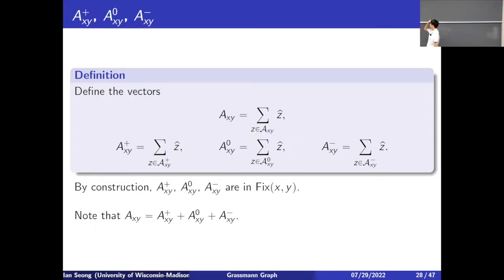And then we can define Axy plus, Axy naught, and Axy minus in a similar way as we have done before with B, C, and A. Now by construction, we have Axy plus, Axy naught, and Axy minus. They are in fixed xy. And we note that the vector Axy is just the sum of the 3 vectors that are listed below.